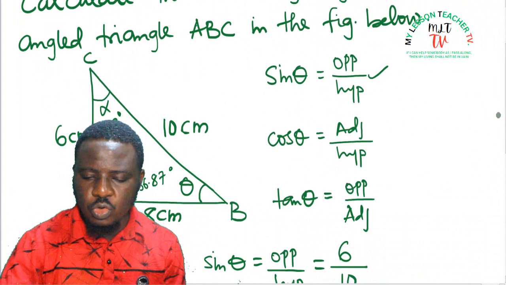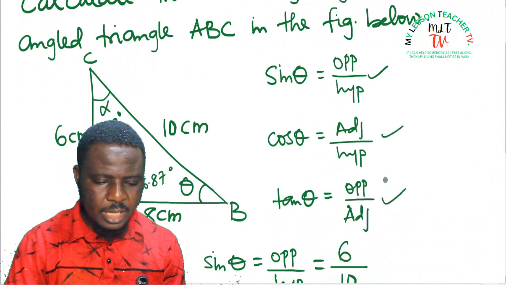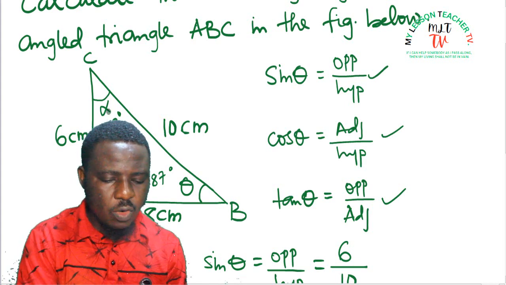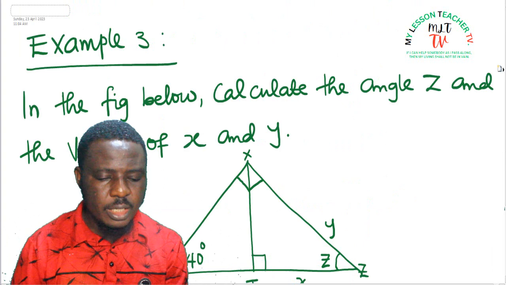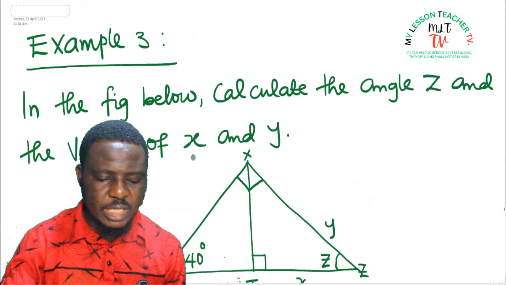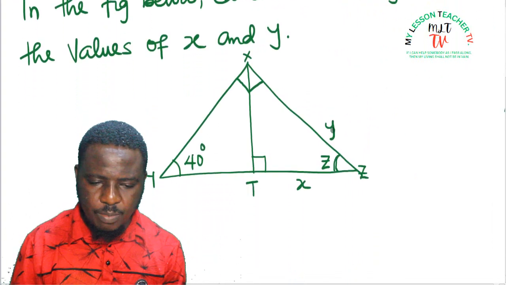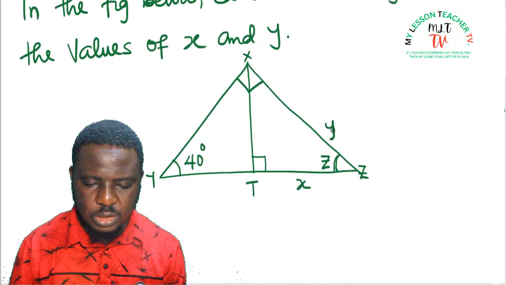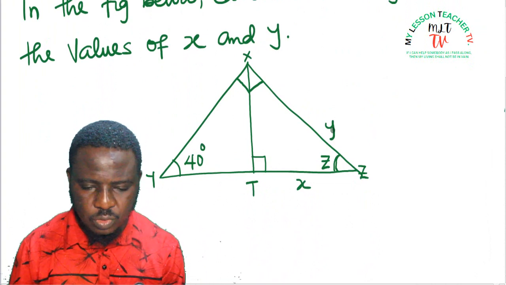You can also use any of the relationships I have listed here in solving for angle alpha, but this way is also possible. Example 3, that in the figure below, we should calculate the angle Z and the values of X and Y. By looking at this question, XYZ is a right angle triangle.